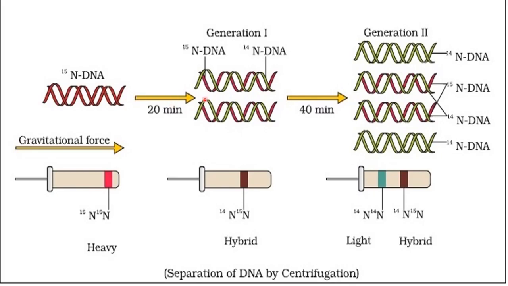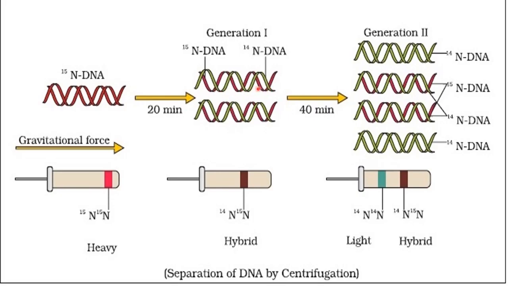Then it was transferred to the N14-containing medium, and when it replicates semi-conservatively, the two strands of the DNA will separate and new strands will be formed with both the parental strands, and that's why this hybrid DNA will be formed having intermediate density, because here one strand will have the heavy isotope of nitrogen and the other strand, which is of green color, will have the light isotope of nitrogen, and that's why this DNA will be called hybrid DNA.